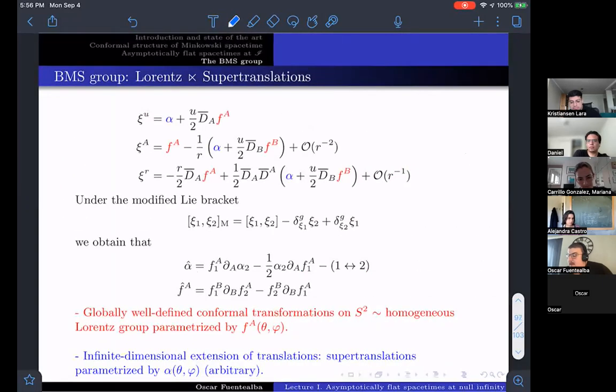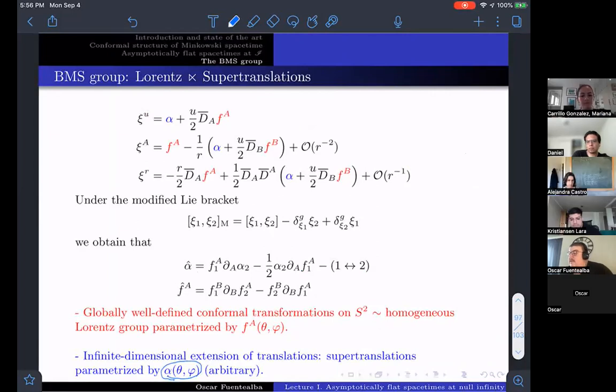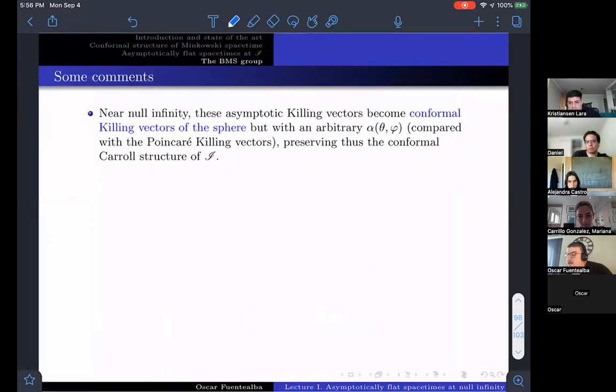And also we have an infinite dimensional extension of translations, which is parameterized with this alpha. So this is going to be the BMS group. It's going to be the semi-direct product of the Lorentz group with supertranslations parameterized by alpha. So some comments to finish.